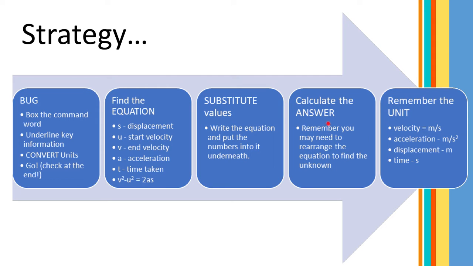Finally, we need to calculate the answer, and that might include rearranging the equation to find the unknown. We can always use a calculator in physics, so keep that calculator to hand. Then finally, remember the unit at the end. Some questions give you the unit, but a lot of them expect you to know what the units are.